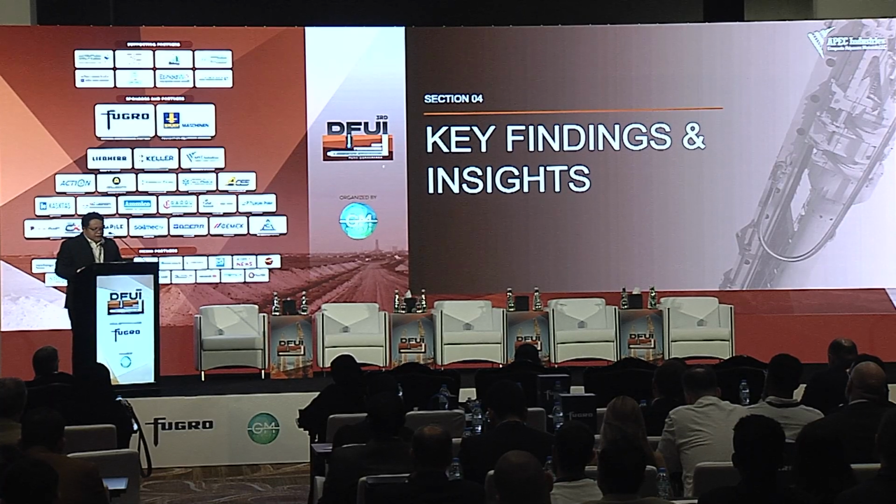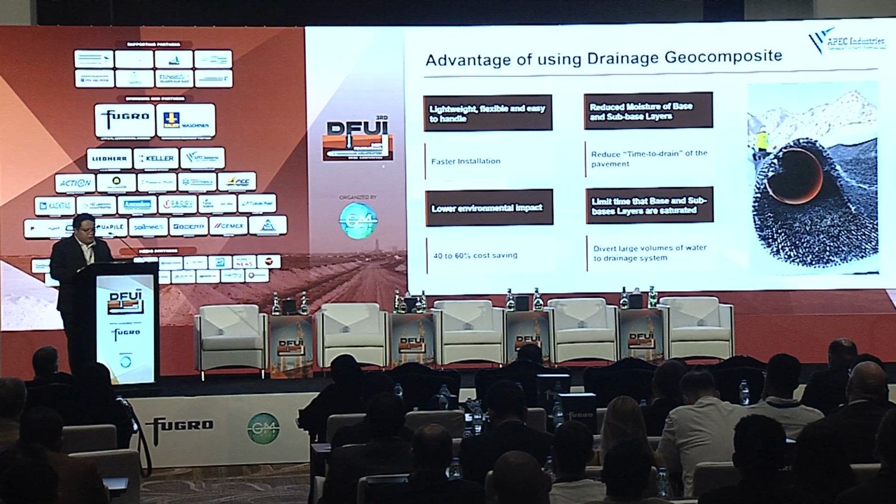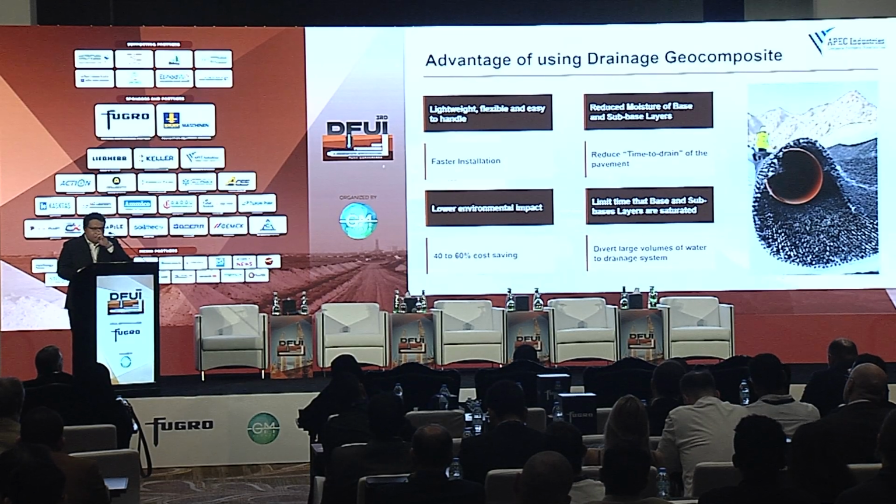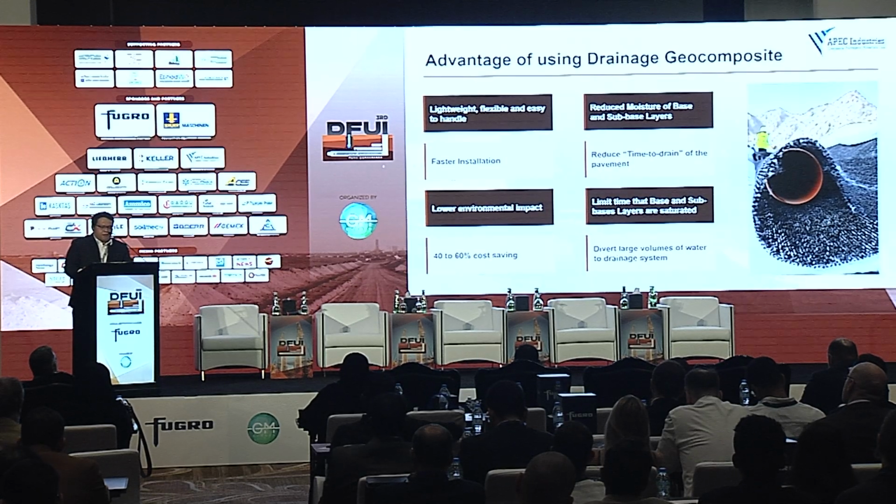So drainage geocomposites have numerous advantages. They are lightweight, easy to install, and require less construction space, since they are factory produced and delivered to site in roll form. They can significantly reduce moisture accumulation and shorten drainage time in the pavement.